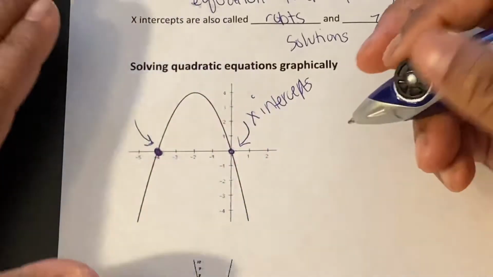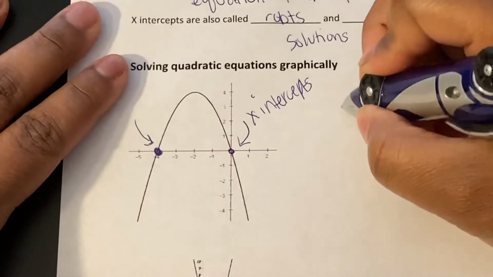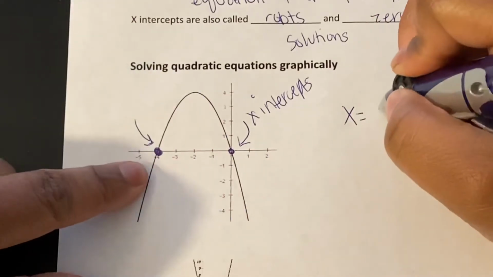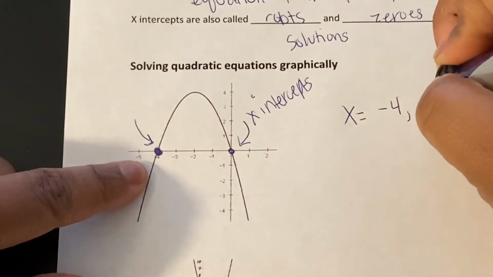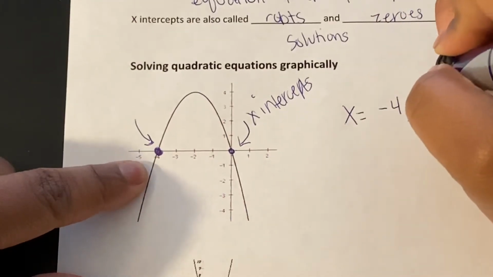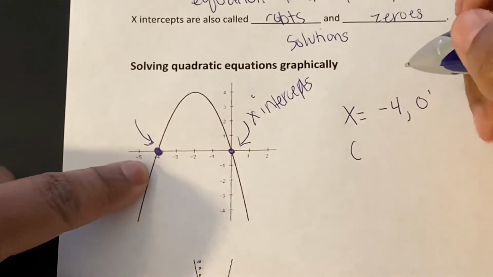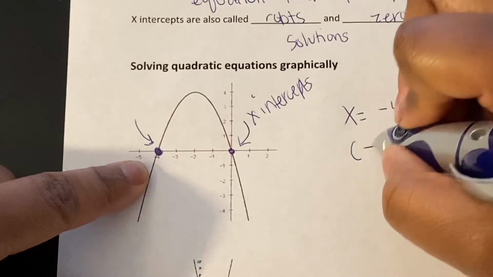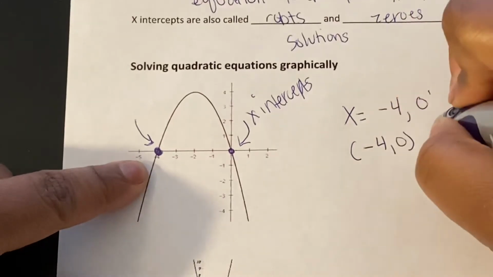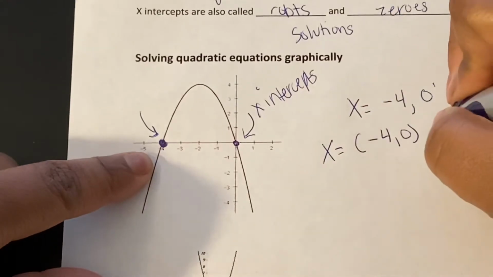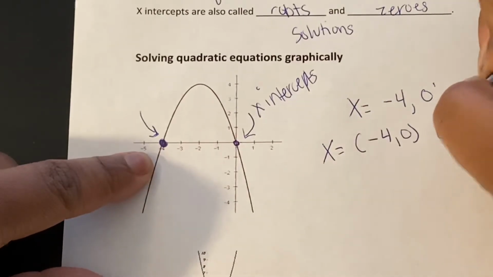Now we would write this as the solution x equals -4, 0, and x equals 0, 0, which I prefer.